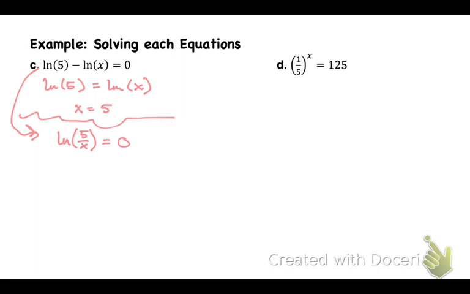So my base is e, so e to the 0 equals 5 over x. What's e to the 0? 1. So I have 1 equals 5 over x. How about multiply it over? So x equals 5.